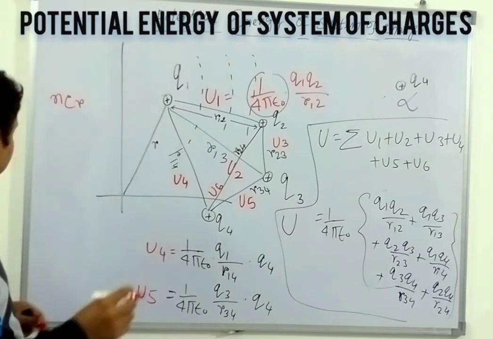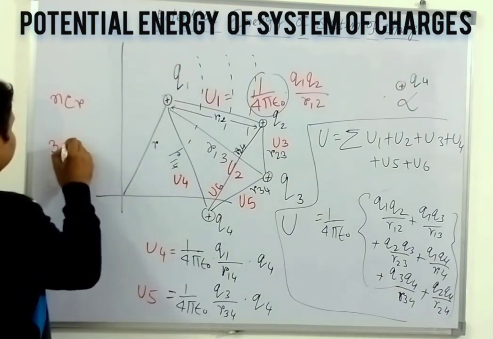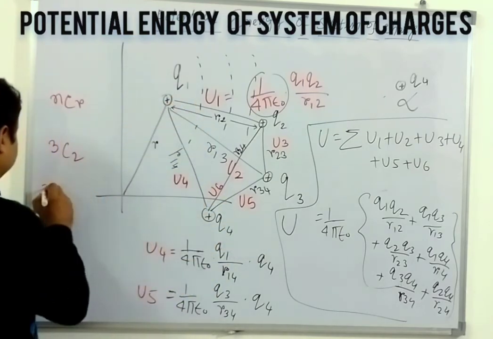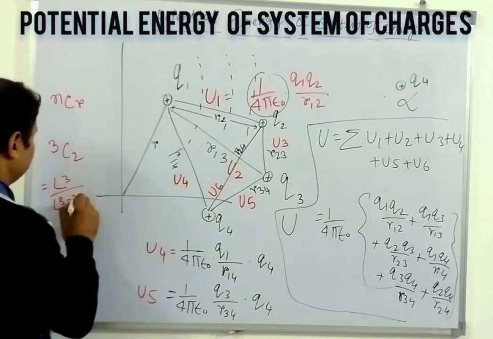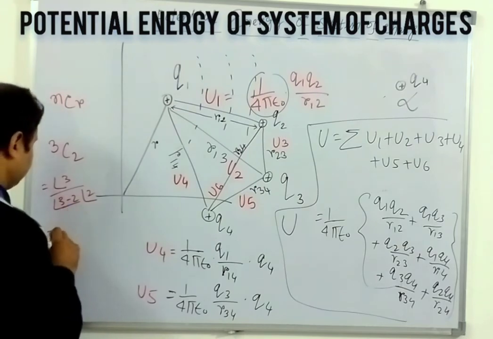As in 11th class we have seen, in case of a 3 charge system, this is 3C2, the interaction between 2 charges creating potential. So this is factorial 3 over factorial 3 minus 2 times factorial 2, which is 3.